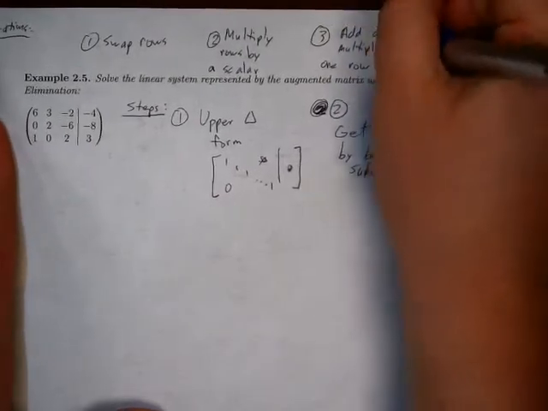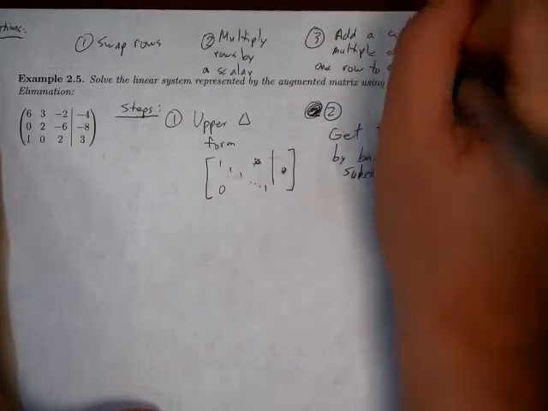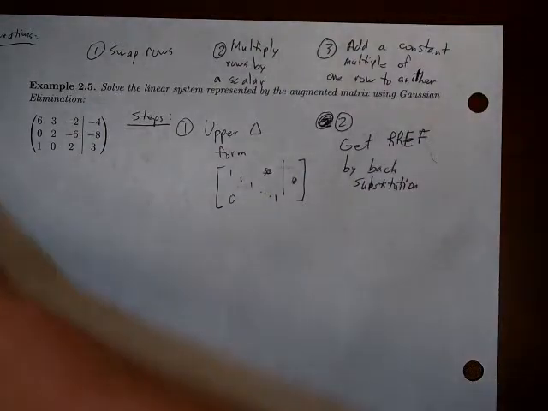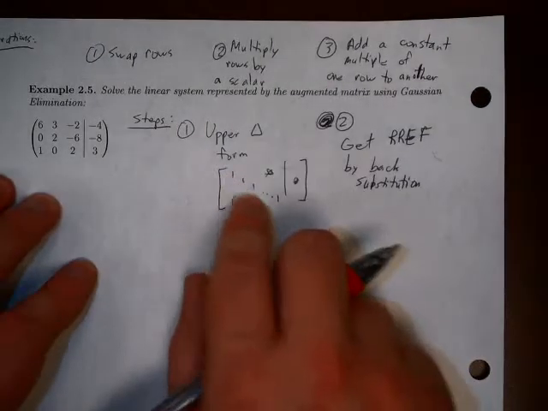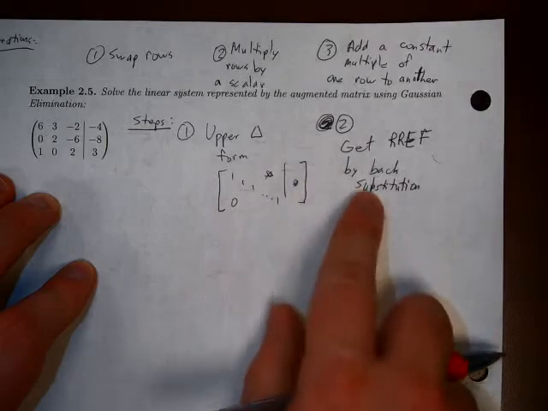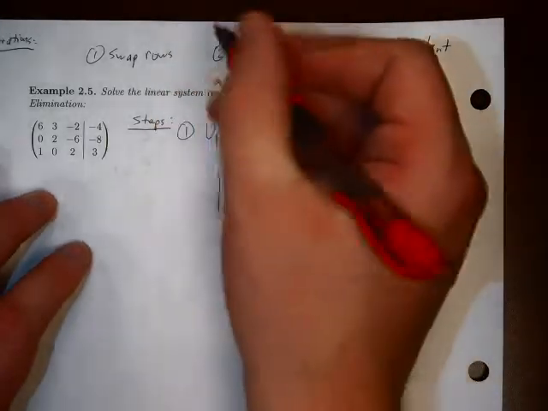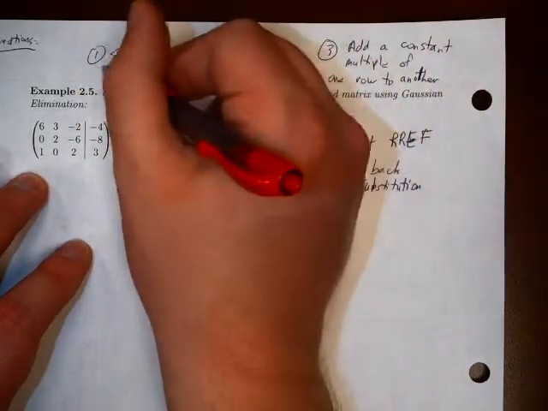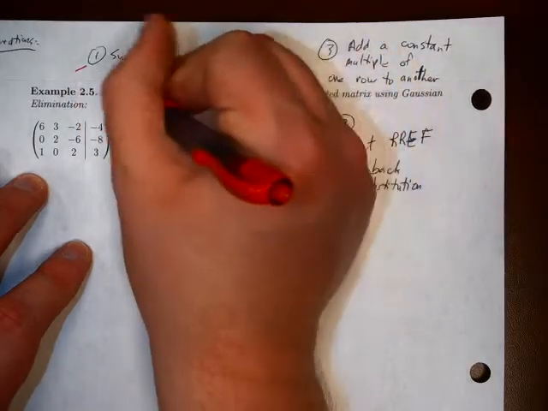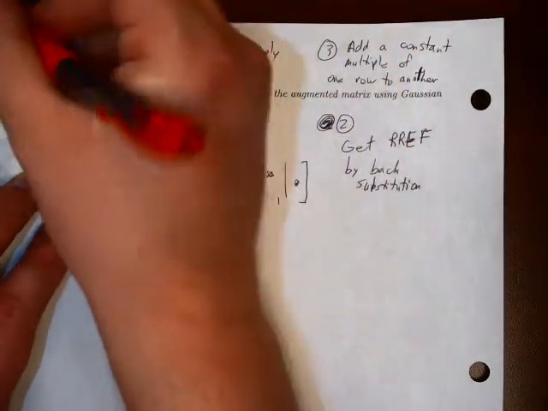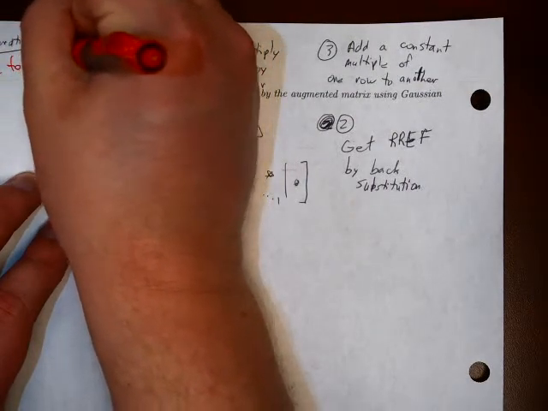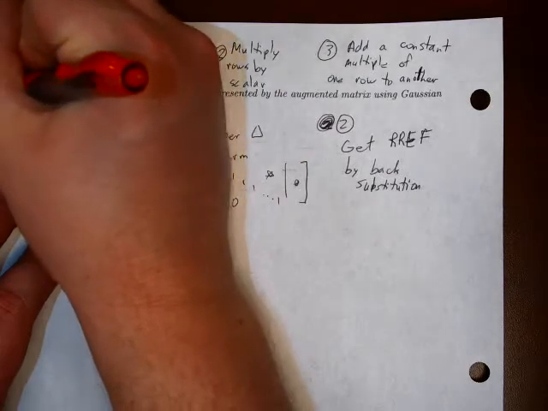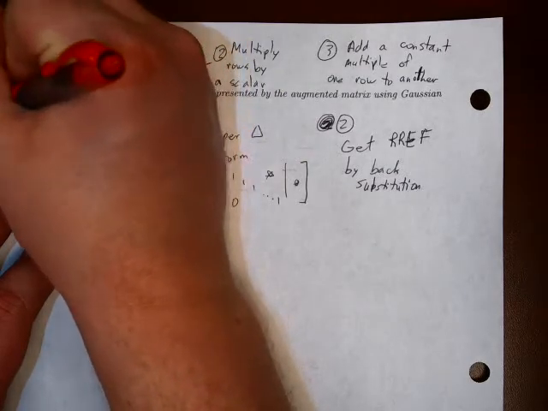Now, you can use whichever operation you want to do whatever you want. However, I'm going to give you some free advice on what you should use for what part, because we really have 2 things we want to do. We want to get leading ones, and later we want to get zeros. So these first 2 operations you should use to obtain leading ones.